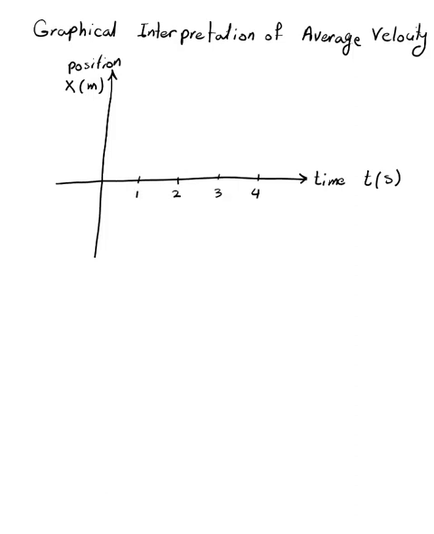If a particle moves in the positive direction for 2 seconds, let's say it starts from 1 meter here, and then moves in the positive direction, and then in the negative direction, right? So I'm going to have some graph like this.